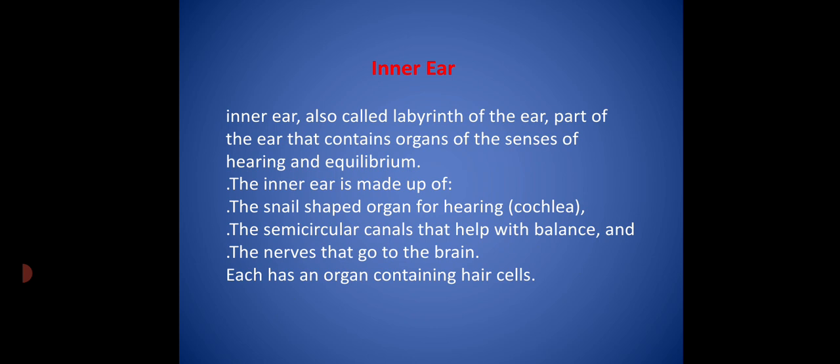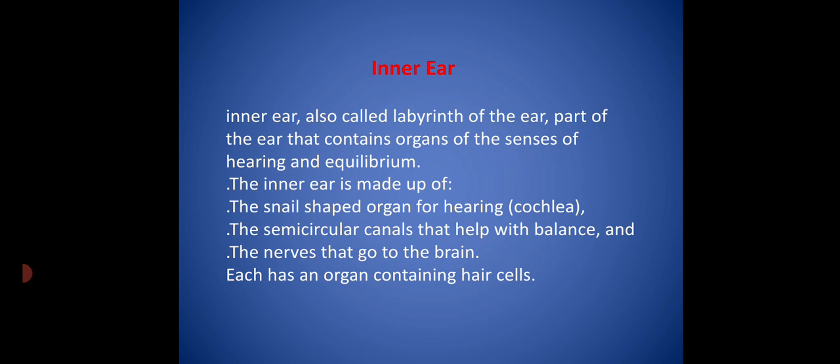The cochlea is a fluid-filled, spiral-shaped cavity found in the inner ear that plays a vital role in the sense of hearing and participates in the process of auditory transduction, where sound waves are transduced.